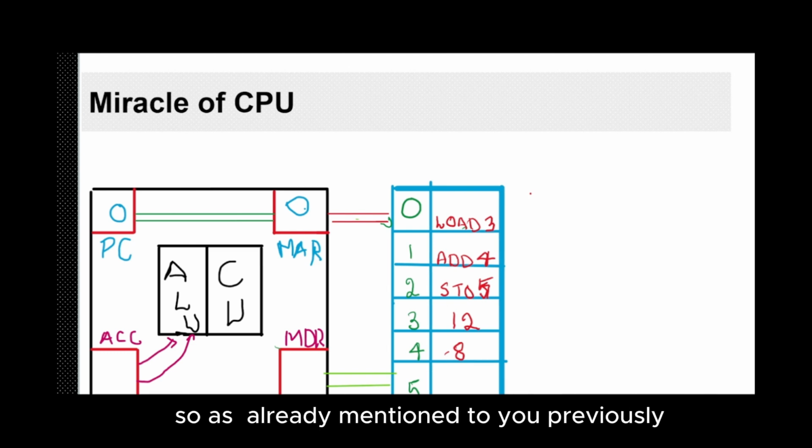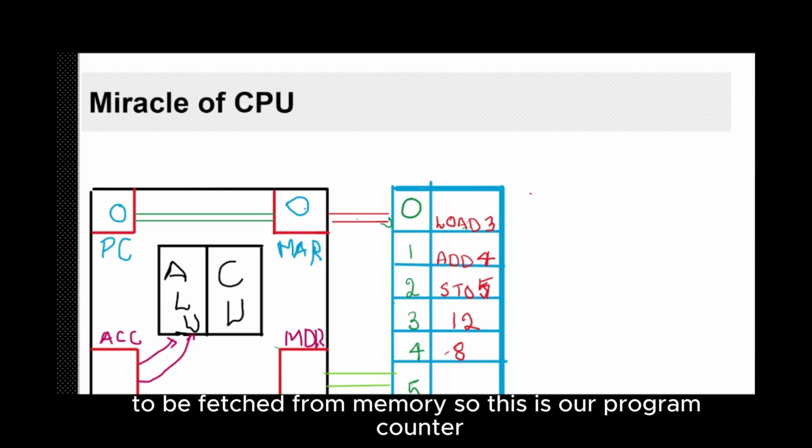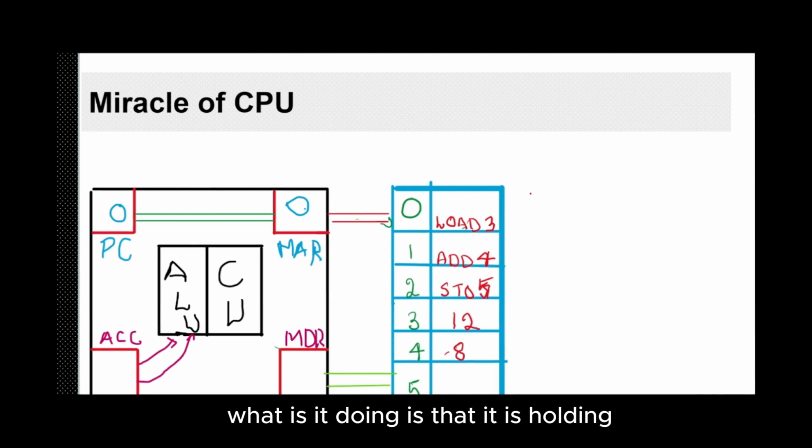As I already mentioned previously, the program counter holds the address of the next instruction to be fetched from memory. So, this is our program counter. What it is doing is holding the address of the next instruction.